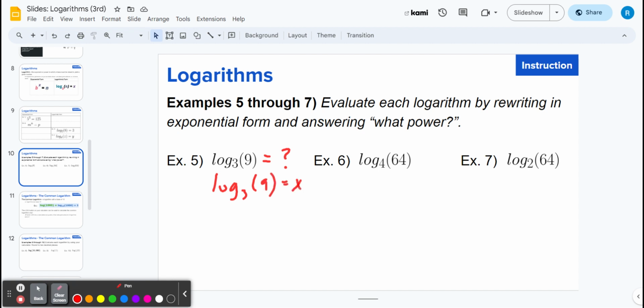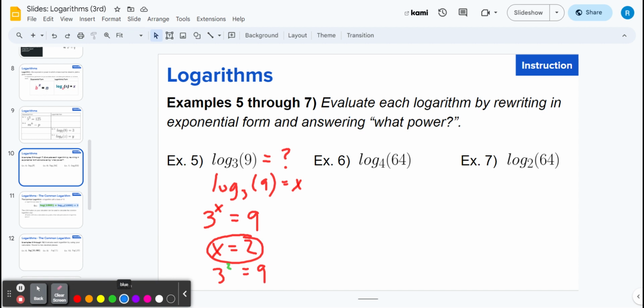Let's throw some variable in there, some unknown. From there, we can rewrite it in exponential form: 3 to the x power equals 9. And just like we knew before, 3 times 3, or 3 squared, is what's going to get me to 9. So we know that x is equal to 2, right? 3 to the second power equals 9.